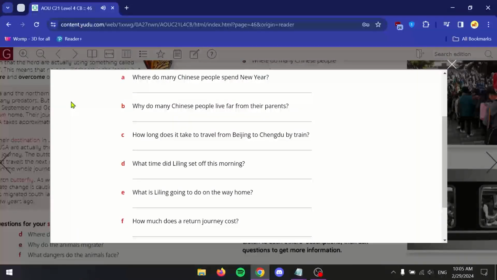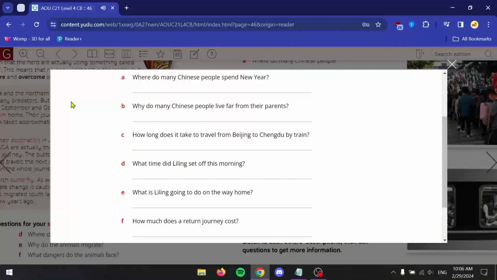But many people live far from their parents, normally because they are working or studying in a big city. So during Chunyun, they all head to their family homes. Those with money drive or fly home, but many people can't afford that, so instead they use the very crowded trains and buses. Many of these people are students or migrant workers. Some people cross the country to be with their families, and remember, China is an enormous country. We met one of the travellers, Liling, at the main railway station in Beijing, and she told us about her travel plans.